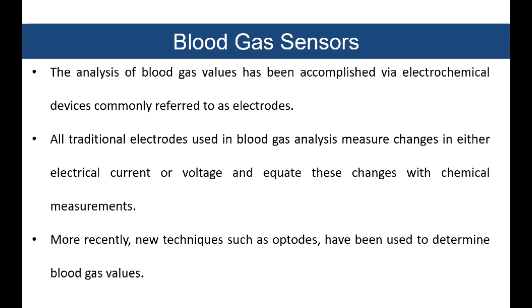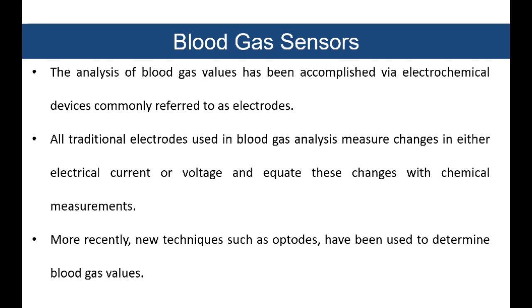Now we are going to see about the blood gas sensors. As the name suggests, we are going to see about the gases present in the blood, and we have sensors to measure those gases. The analysis of blood gas values has been accomplished via electrochemical devices commonly referred to as electrodes.